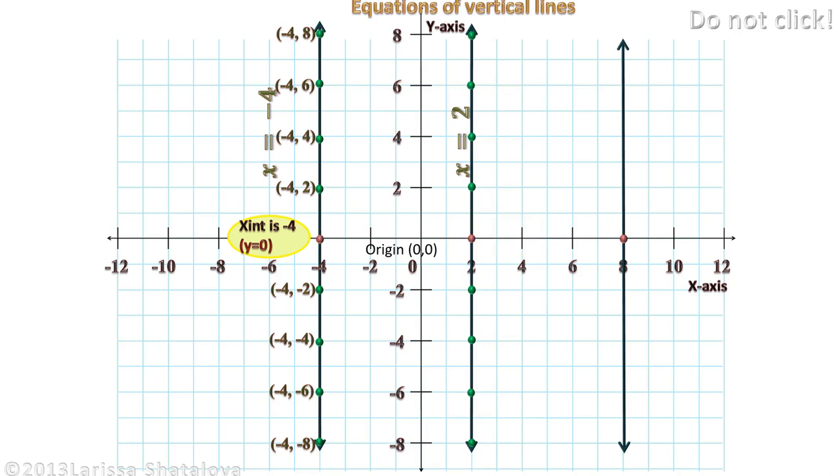Now we can show immediately the equation of this line, x equals 8. Furthermore, here is a vertical line going through the origin, and now we can show the equation even for this vertical line which is going through the y-axis. X is 0. This is how to write an equation of the vertical line.